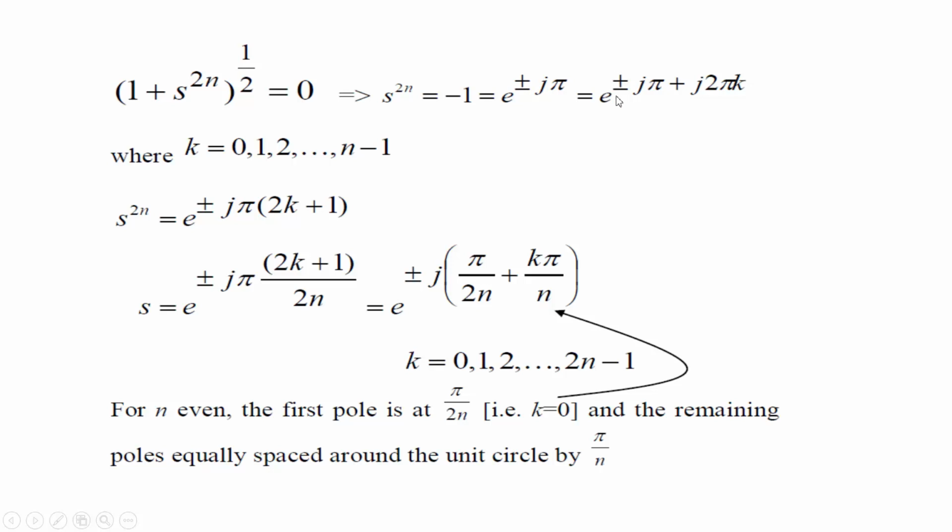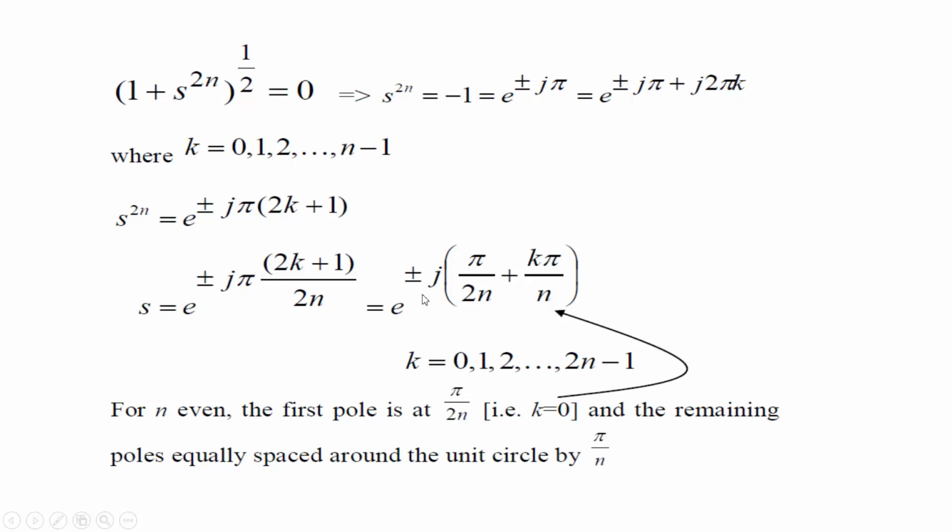Now we can also write e to the power plus minus j pi as e to the power plus minus j pi (2k plus 1), because it will be a repetitive function, where k will be varying from 0, 1, 2 up to n minus 1. We will see the importance of k. Therefore s to the power 2n is e to the power plus minus j pi (2k plus 1), taking j common and taking the power 2n to the other side, the equation becomes ultimately this.